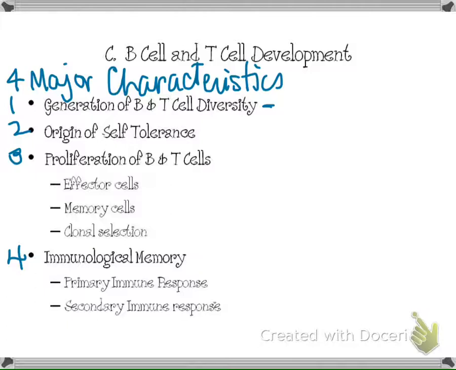Self-tolerance. Antigen receptors are generated by random rearrangement of DNA. So as lymphocytes mature in bone marrow or the thymus, they're tested for self-reactivity. Is this going to attack yourself or not? Some B and T cells with receptors specific for the body's own molecules are destroyed.